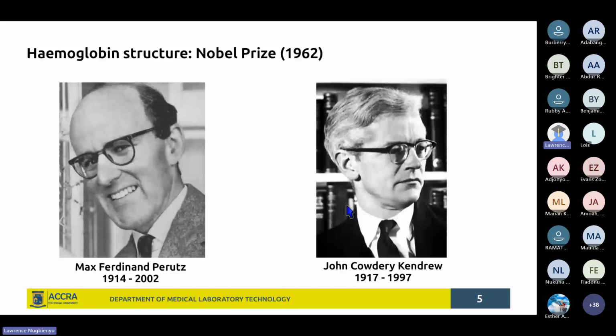Even though there had been methods or the thought of, say, light diffraction being used to study the structure of molecules, it wasn't until the beginning of the 20th century, that is the 1900s, that the method of X-ray crystallography was developed so that it could be used to study the structure of molecules.